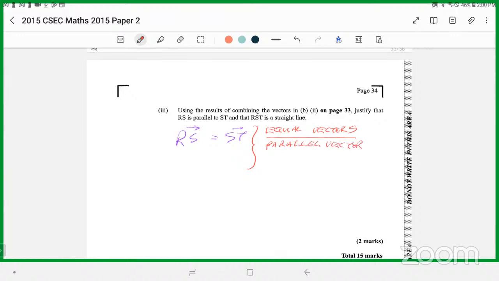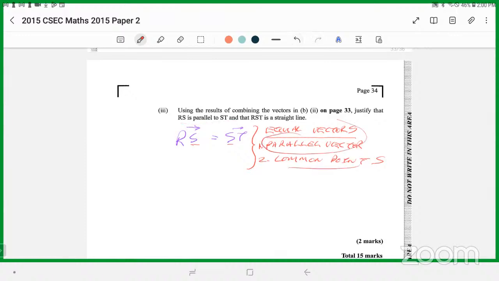But they also have a common point S. So one, they are parallel vectors. Two, we have a common point S. Once you have those two conditions, parallel vectors with a common point, the points are collinear. To justify that they are parallel, we said it here.